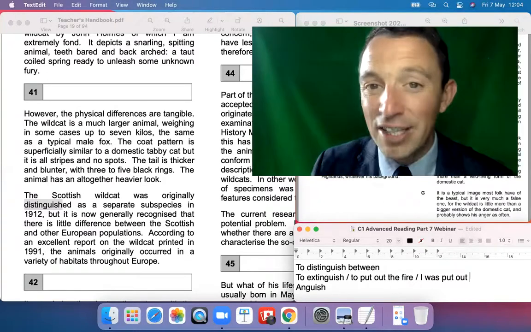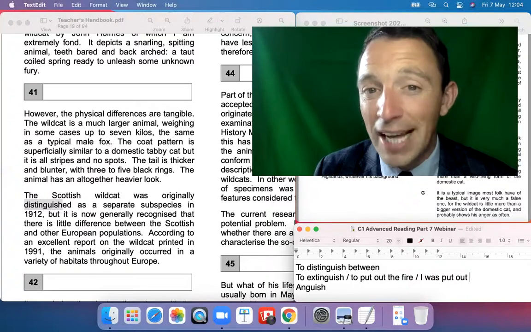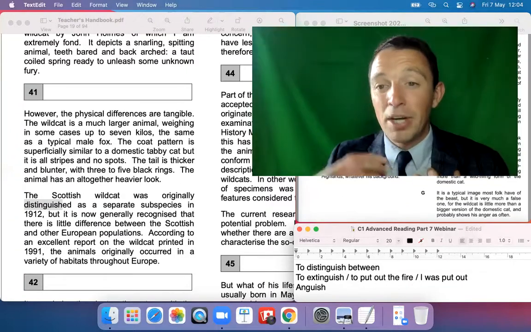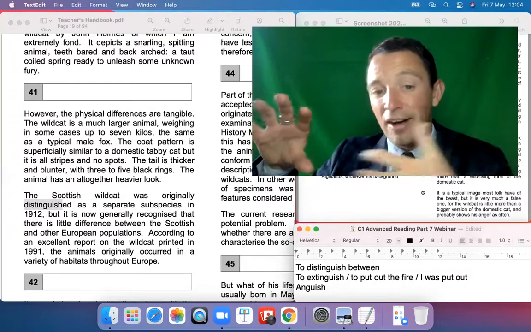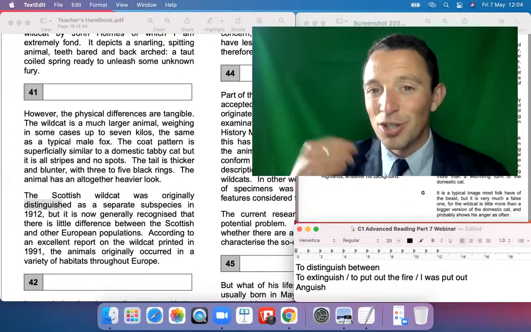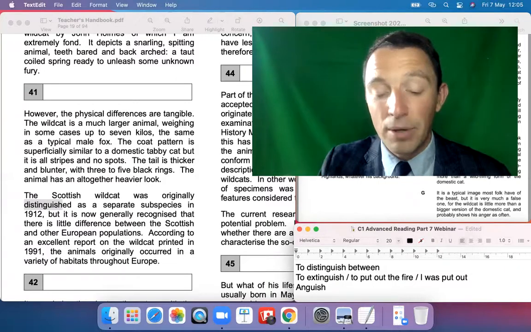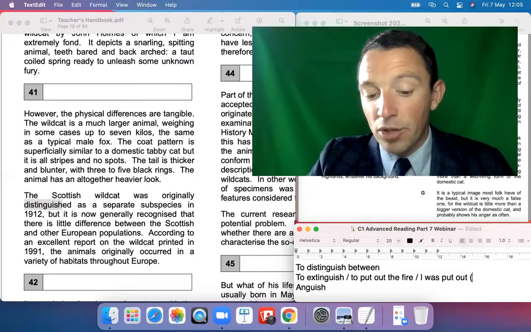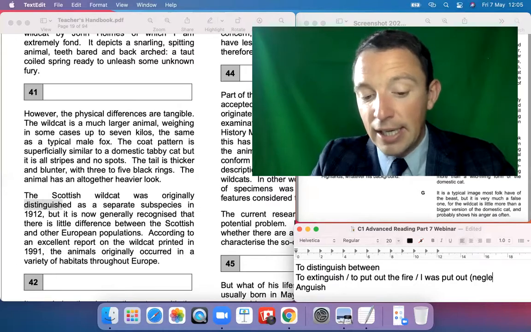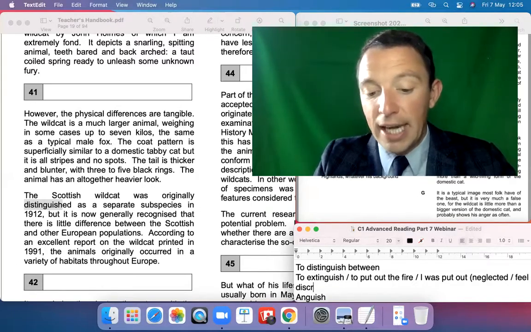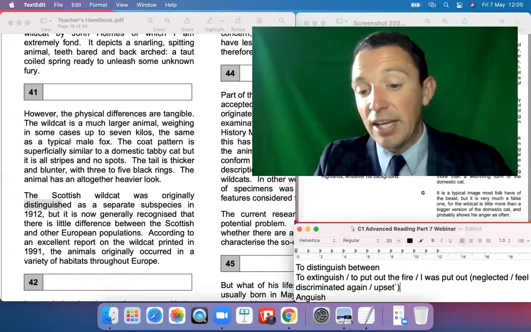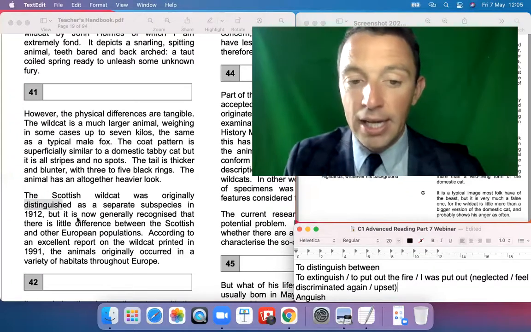You felt neglected, you felt ignored, you felt upset. So I feel put out because of the decision of another person. I feel ignored, I feel isolated, I feel neglected. So that's very typical as well. Maybe you feel discriminated against, okay, or feel upset. So just again, another example of difficult vocabulary.